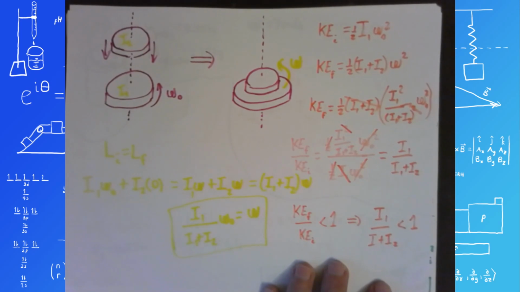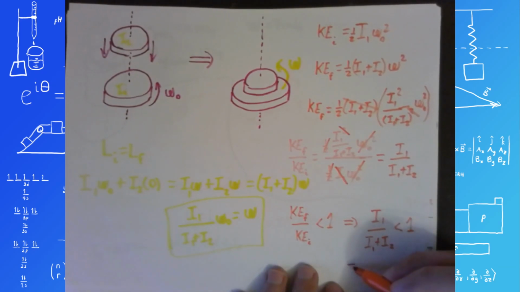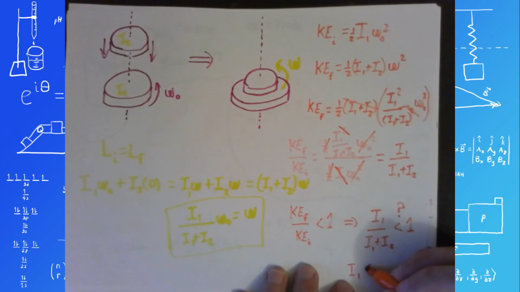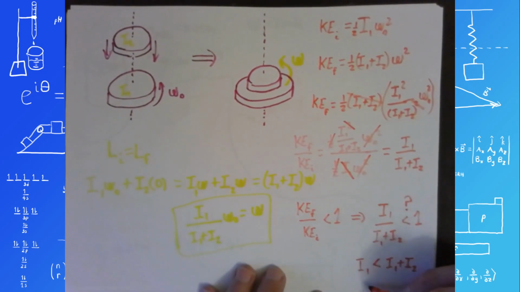And that's easily proven because if we multiply both sides by I1 plus I2, then we're left with I1 less than I1 plus I2, which is true because if you subtract I1 on both sides, you're left with 0 is less than I2, which is most certainly true.